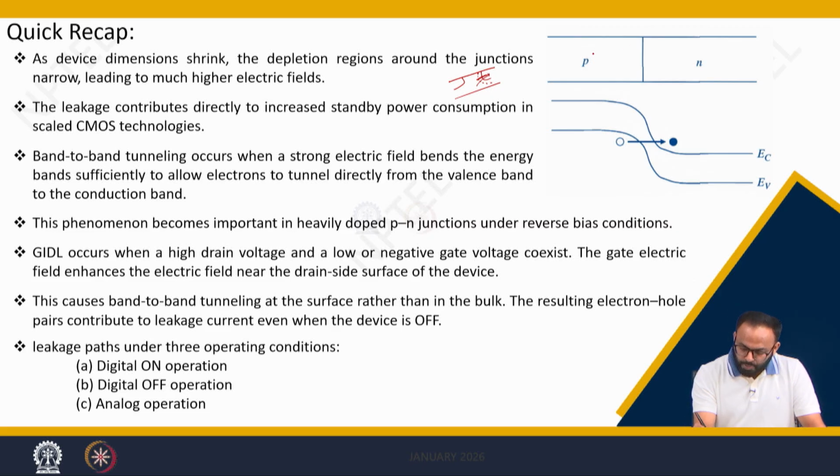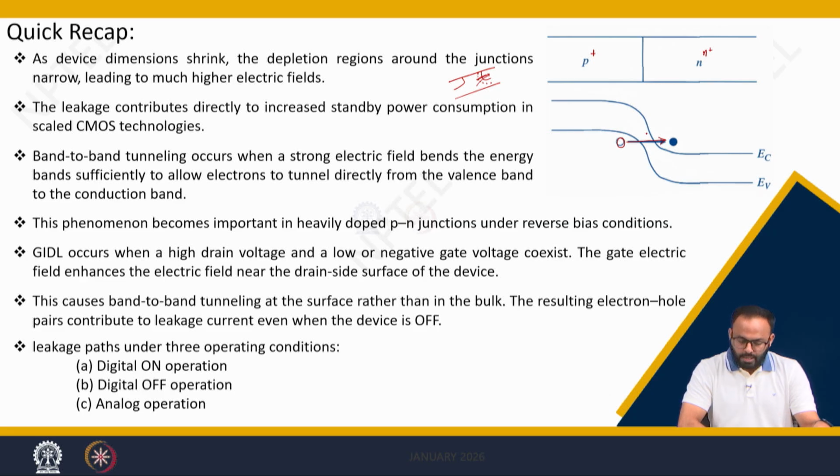So, if this is a p plus n junction which is heavily doped, then there will be a possibility that the electrons will tunnel from the valence band of the p side to the conduction band of the n side. This gives rise to a current which is nothing but a leakage current. This phenomenon is important when you are talking about small channel devices and heavily doped p plus n junctions.